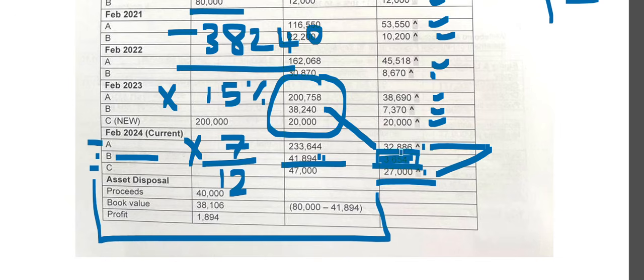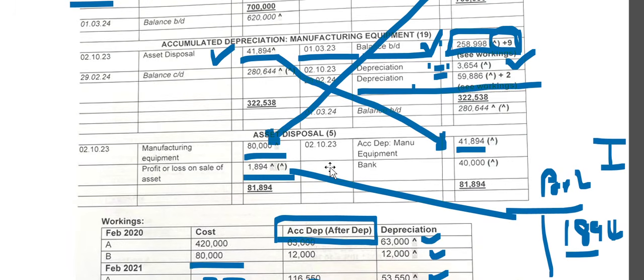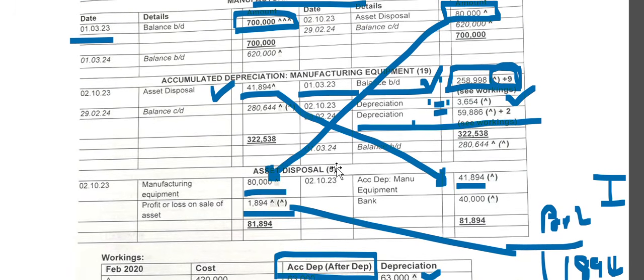So 32,000, yeah, plus the 27,000. Those two final depreciation amounts are going to make up this amount, 59,886.